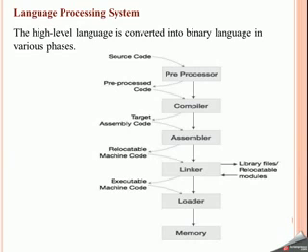Okay, so we can even say that pre-processing, compilation, assembling, linking, loading, and finally loading the code into the main memory, these are nothing but the phases that are involved when we convert or translate a high level language into binary language. Okay, so from the diagram, it's quite clear what are the inputs that individual phases take in, and what are the outputs that the individual phases generate.